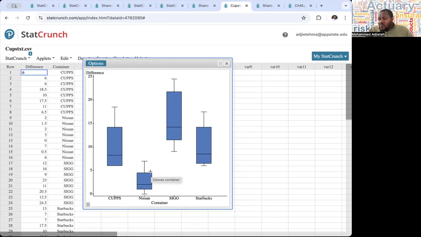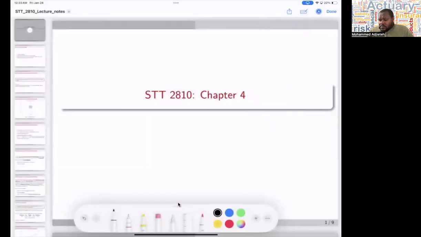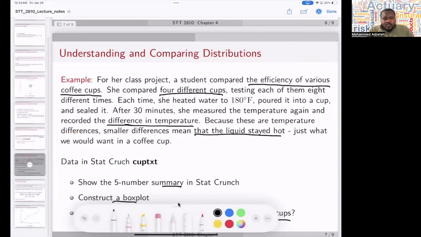Good. Now let's move to our slide. Okay, so we've been able to do this.